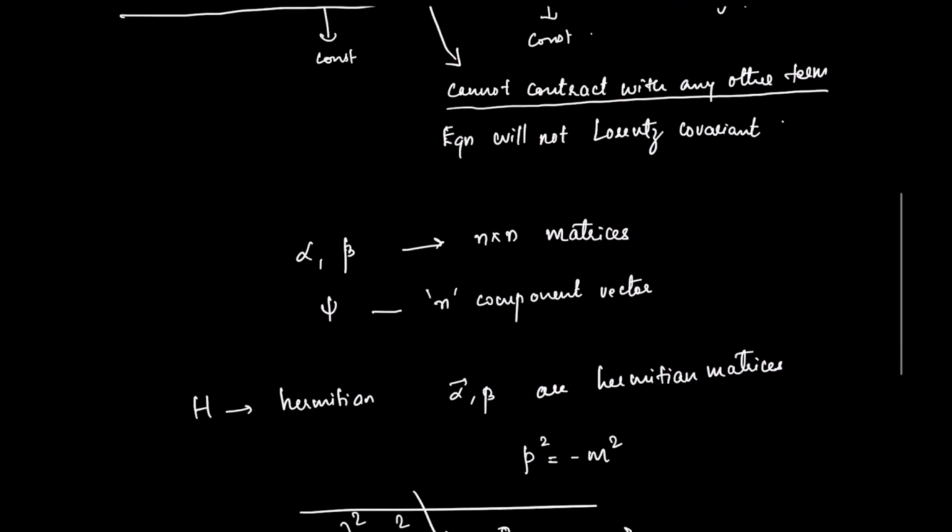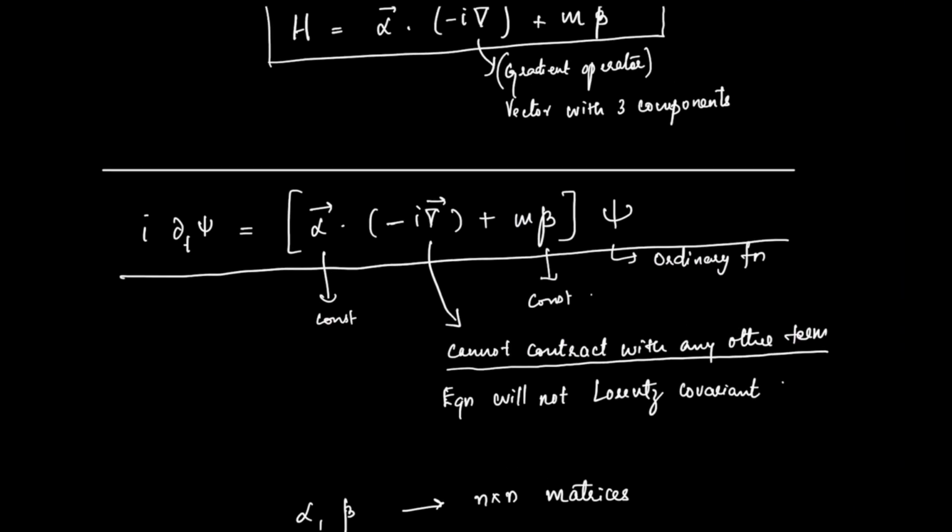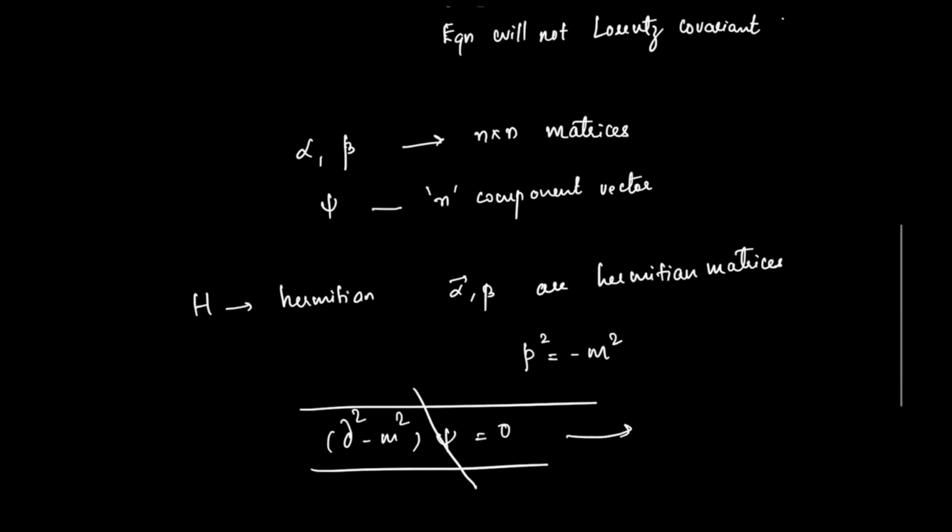square it. Okay, so if I square the left hand side, I will get a second order partial derivative, right?